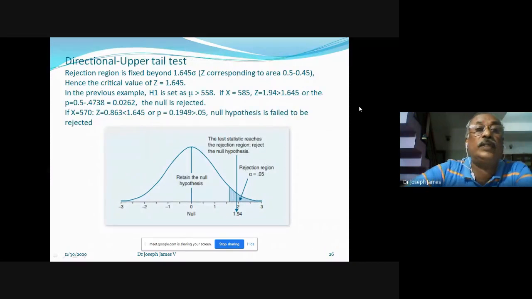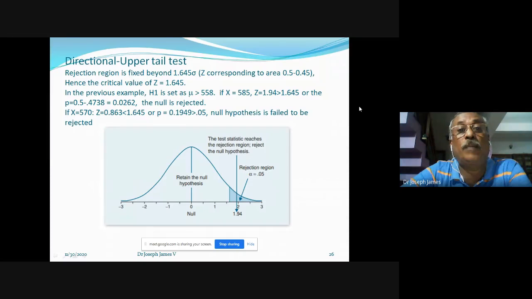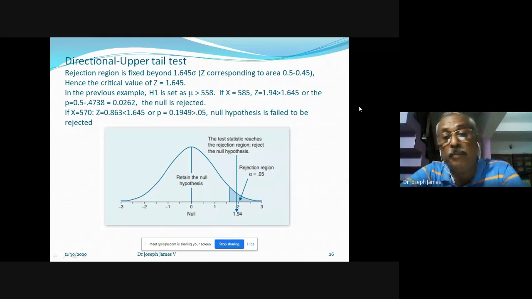Then coming to a one-tailed test, that is also known as directional test or upper tail test. The same logic can be used here, and we place the entire 5% on the upper tail. When we say entire 5% on the upper tail, it will be 0.45 in between mean and upper tail.